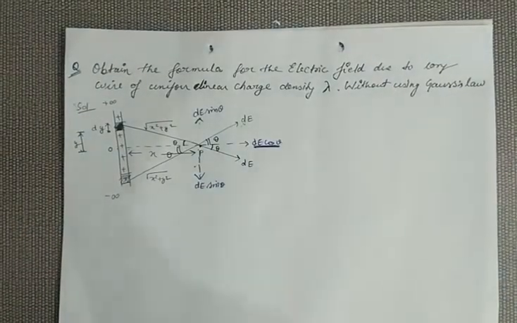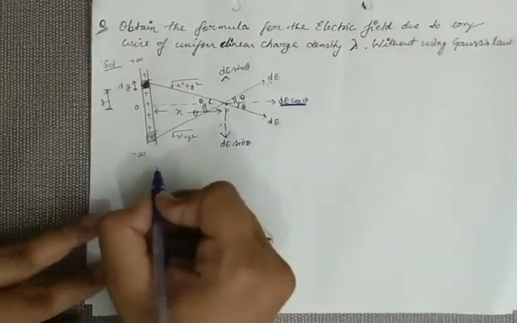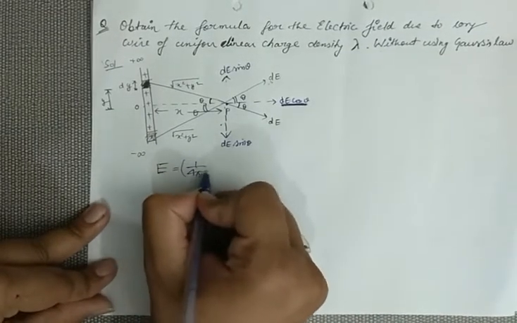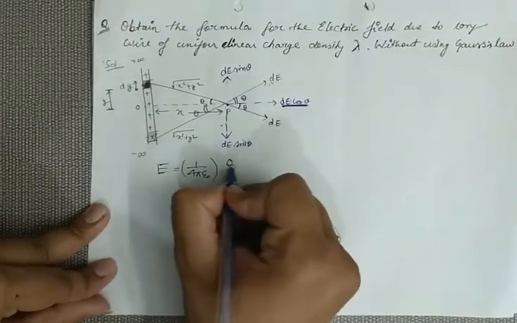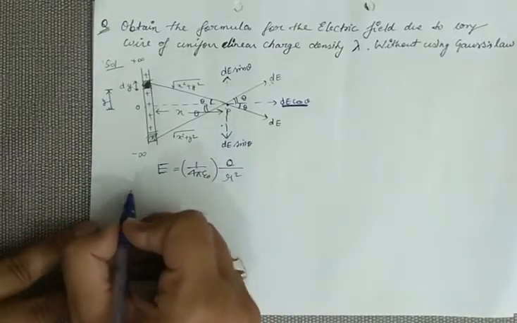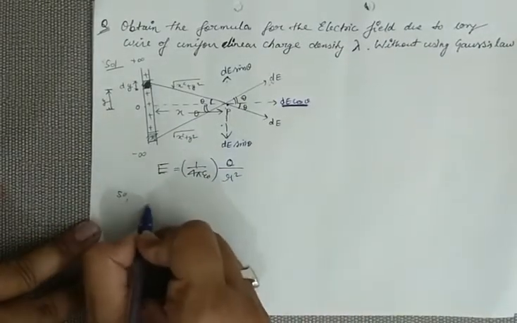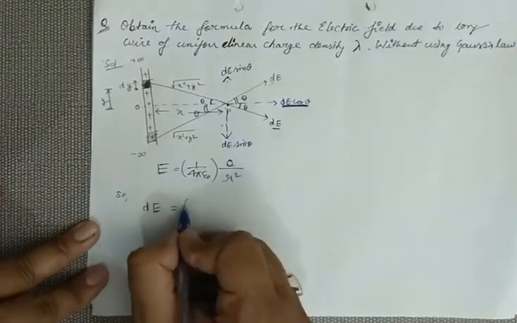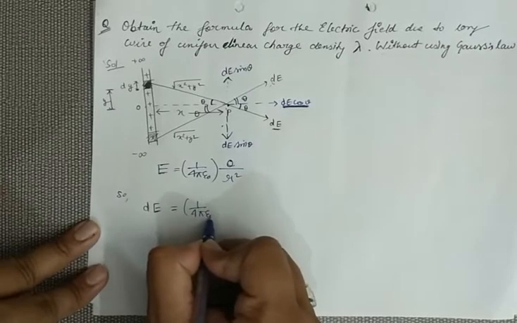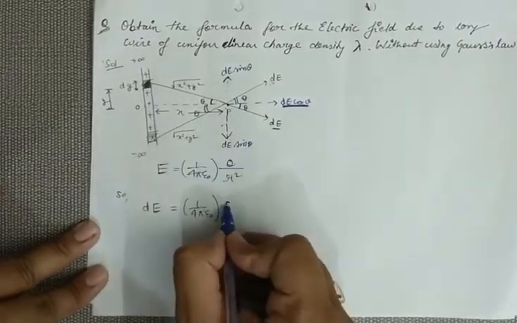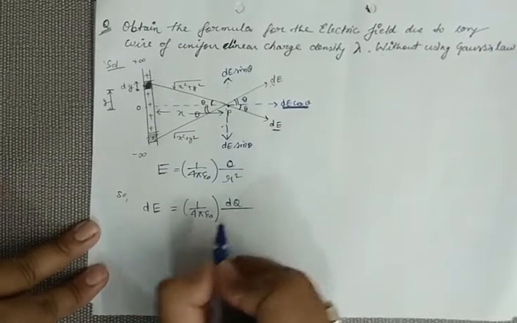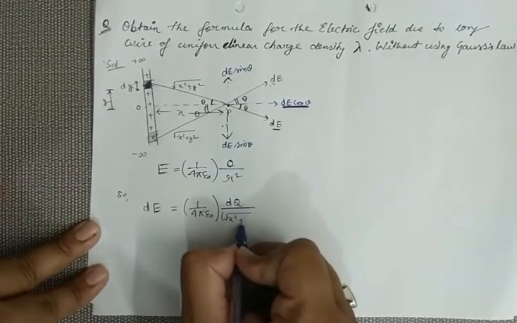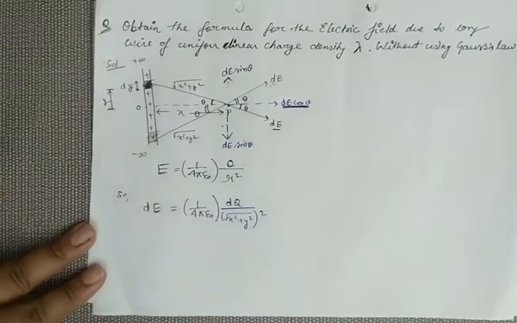Now first of all, find the value of electric field. As we know that electric field is 1 upon 4 pi epsilon naught times Q by R square. So small electric field dE, we have to consider the small electric field. So dE is equal to 1 upon 4 pi epsilon naught, the small charge will be dq, and this time the distance is root x square plus y square whole square.